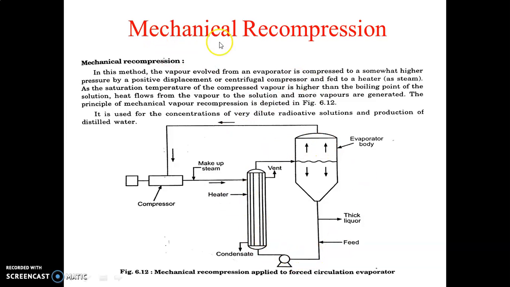In this way the vapors are compressed, so it is called mechanical recompression. These are the compressors. Compressors are machines used to increase the pressure of vapors or gases. There may be positive displacement, meaning reciprocating compressors, or centrifugal compressors.